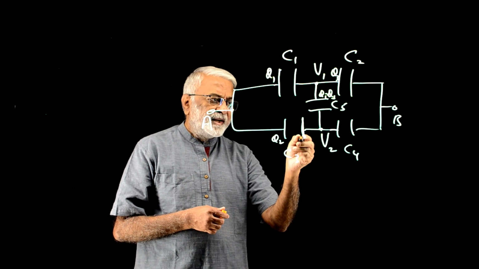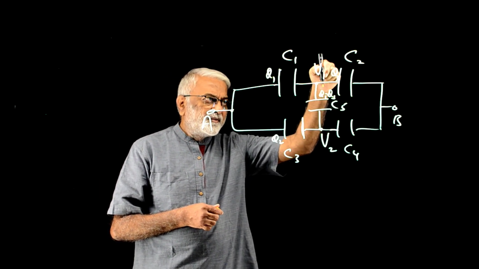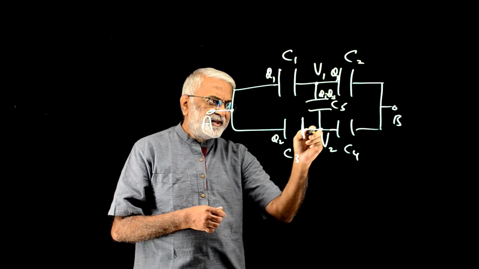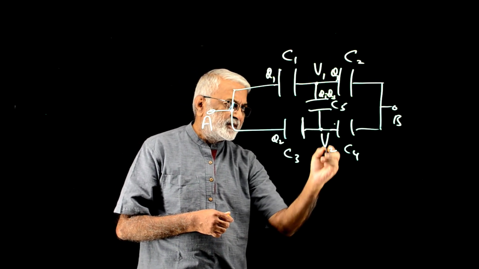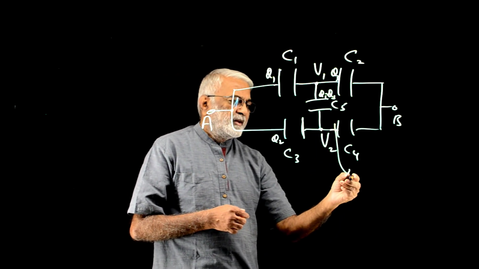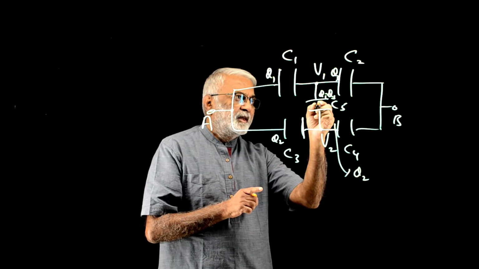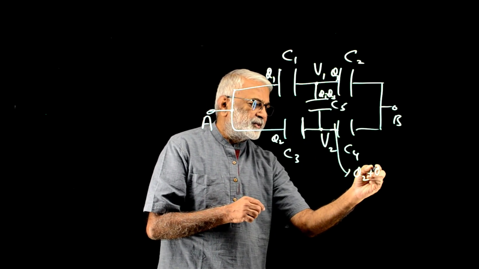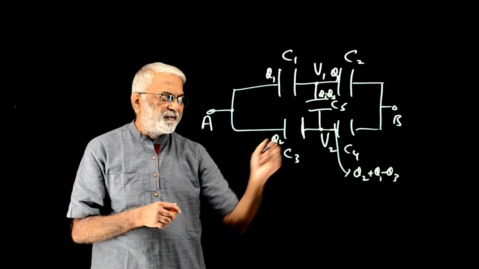And then this will be minus Q2, so Q1 minus Q3 flows in, and Q1 minus Q3 would have left this and Q2 would have left this. So the charge on this plate, I'll write it here: Q2 has come in from here and Q1 minus Q3 is coming from here. So this is the charge on C4 on the left plate.